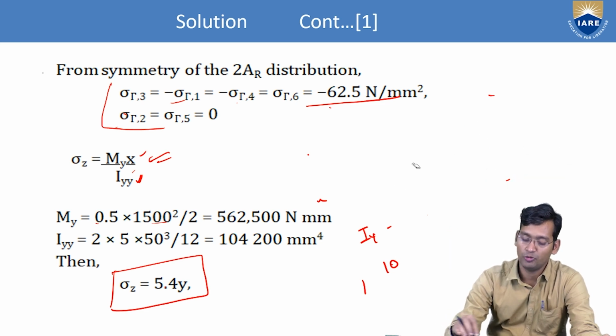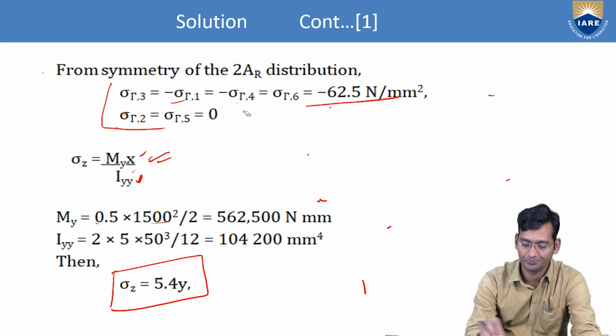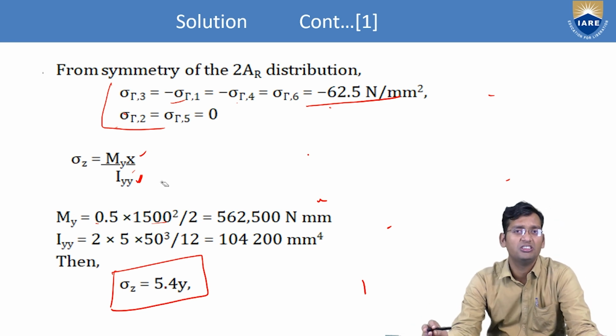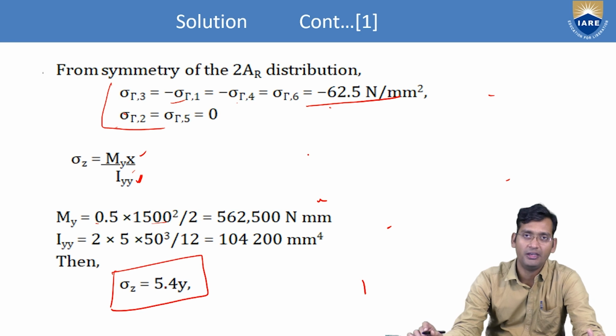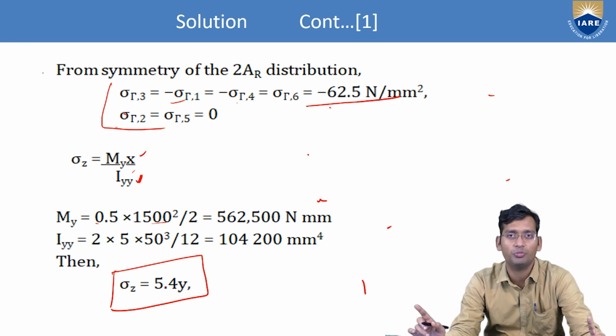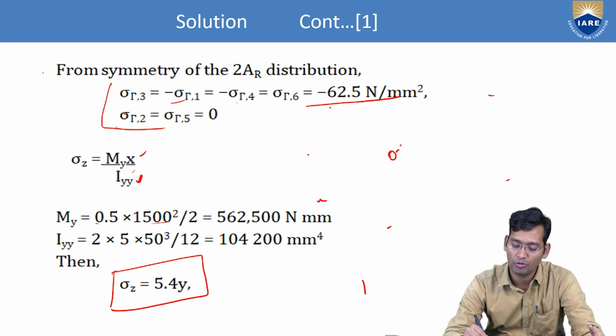Next we have to find the sigma z. We know sigma z is My into x by Iyy. Here x is equals to y. Now we have to find My. My is force into perpendicular distance. Force is 0.5 per unit length, so 0.5 into 1500.